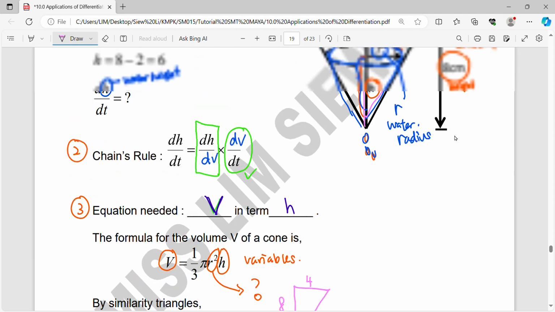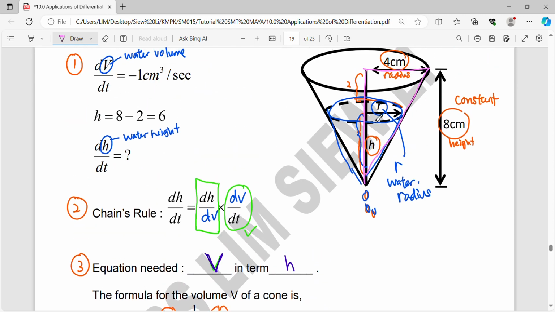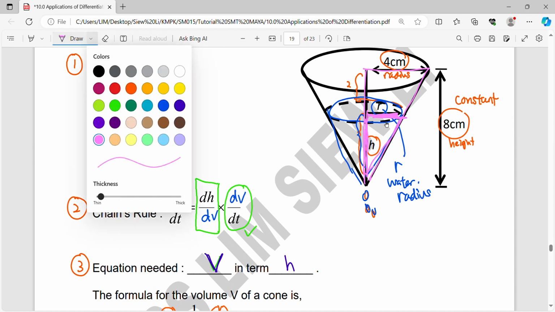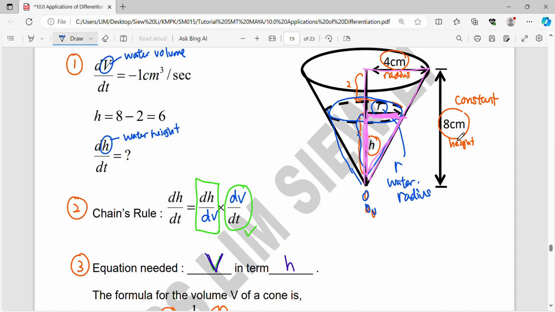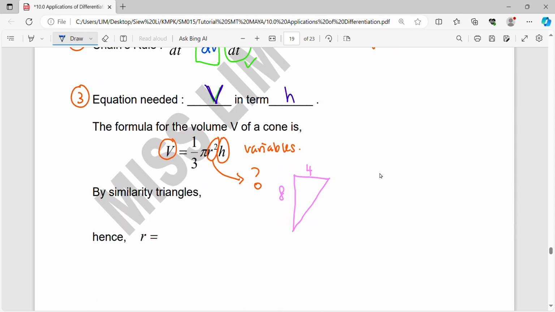And when we have water inside here, our water also follows this conical funnel. So this water also has a triangle shape, a similar triangle here. Why do we call it a similar triangle?